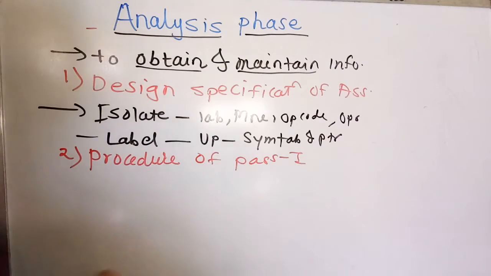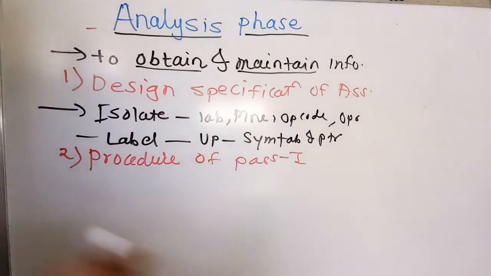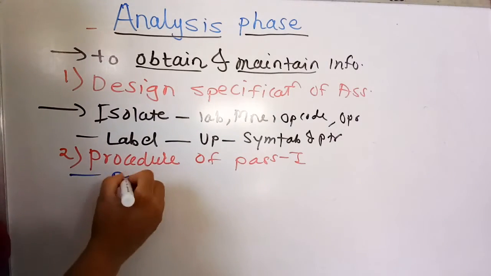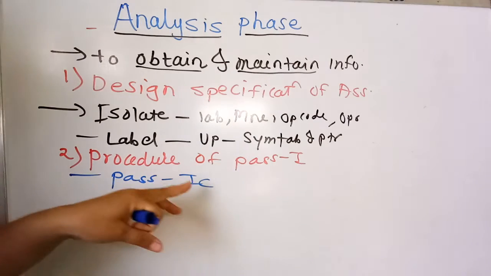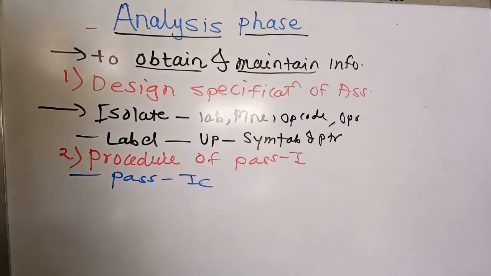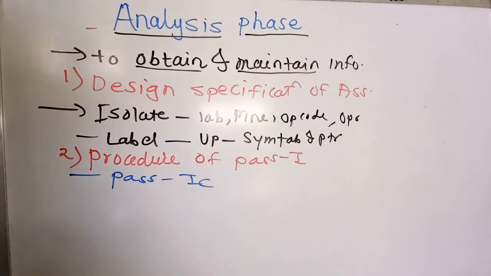What actually do you have to perform in pass 1? The main objective of pass 1 is to generate the intermediate code, and this intermediate code is the input to pass 2.